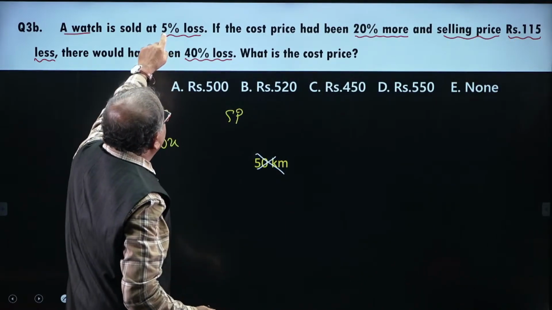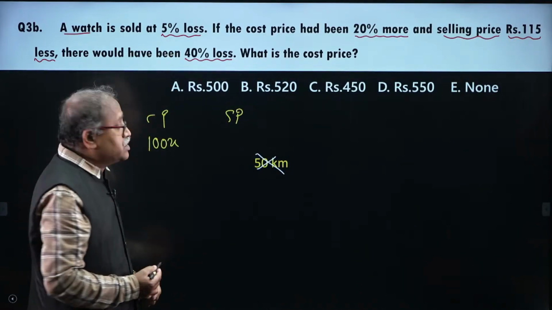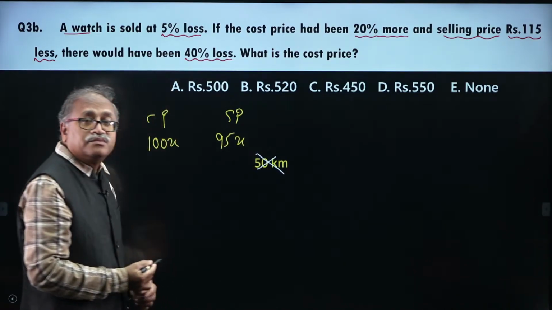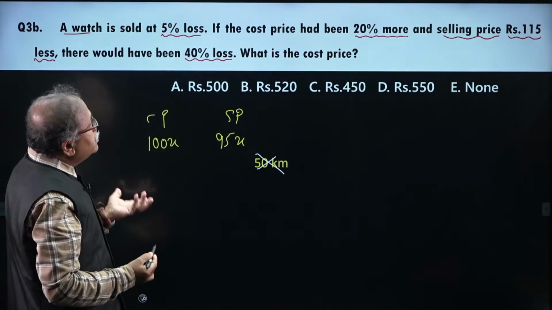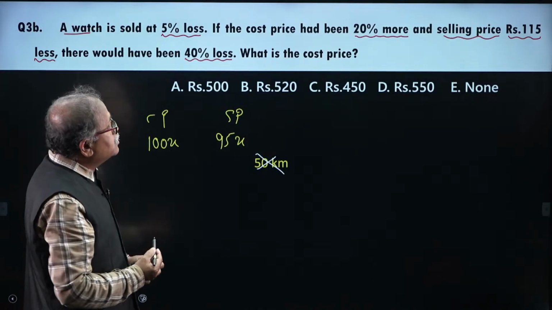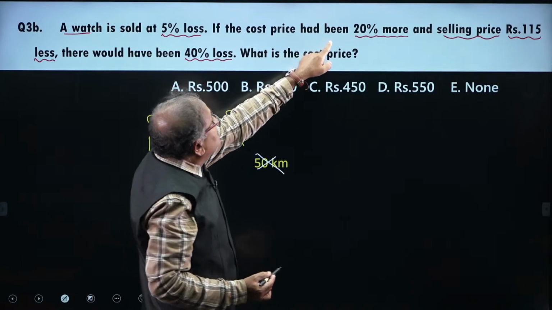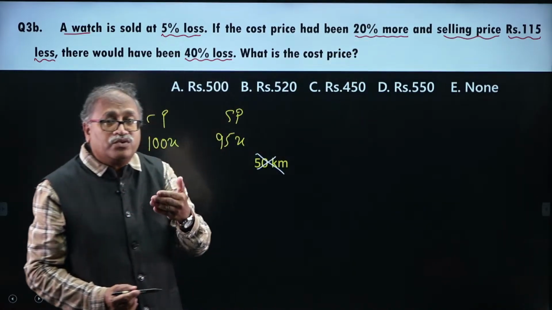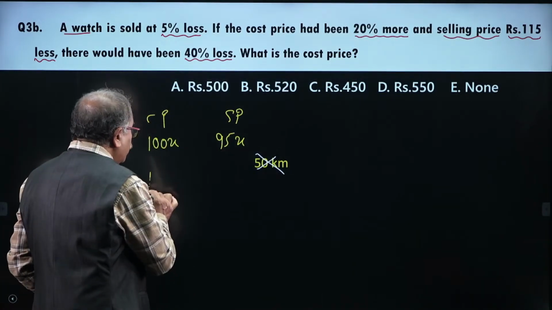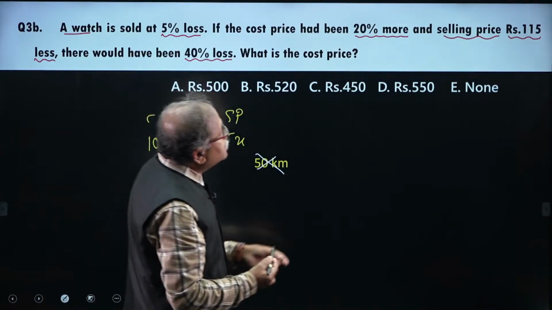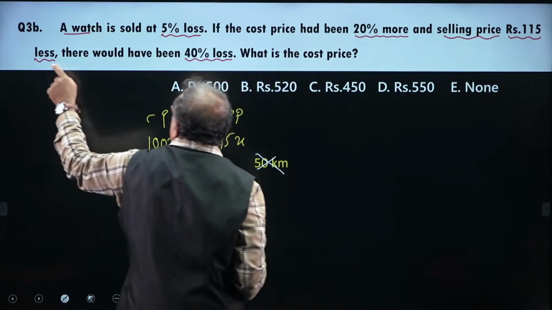So, in the first case there is a loss of 5%, that means the selling price is 95x. Now, let us come to the second case: the cost price is 20% more, so it becomes 120x, and the selling price is 115 rupees less.